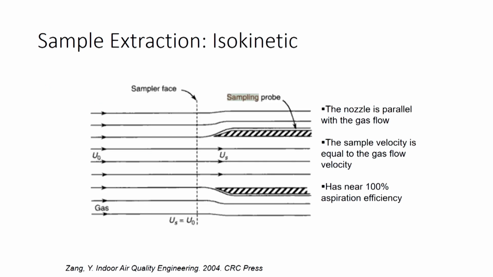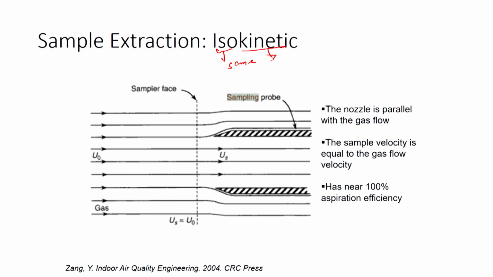The last one about this, as I have been discussing, is that your sampling should be isokinetic. What is the meaning of isokinetic? Iso means same, and kinetic means flow.